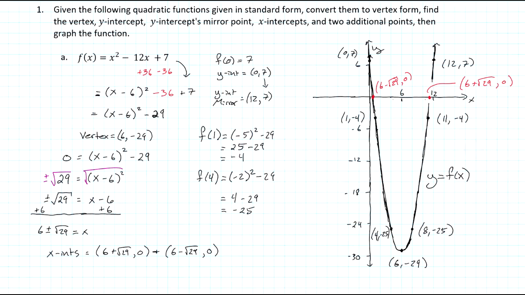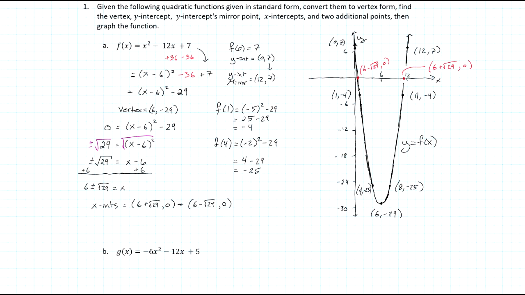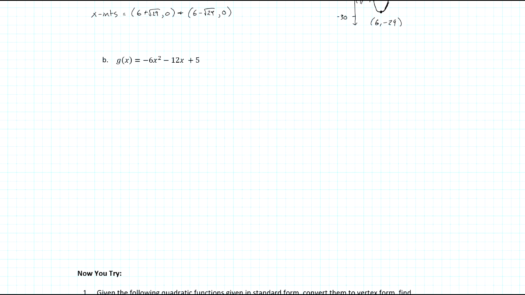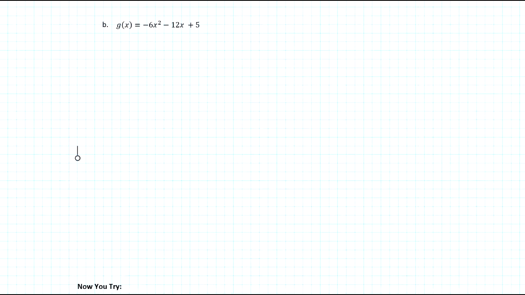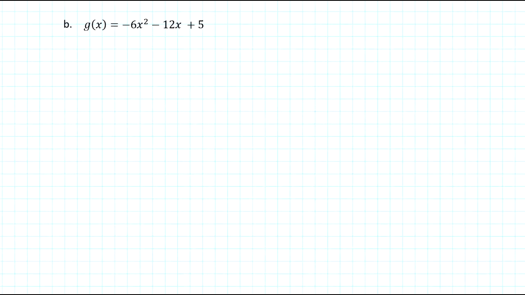All right, let's see what happens in this next one. We've got g of x equals negative 6x squared minus 12x plus 5. This one has a leading coefficient of negative 6, so this is definitely going to need us to factor out.